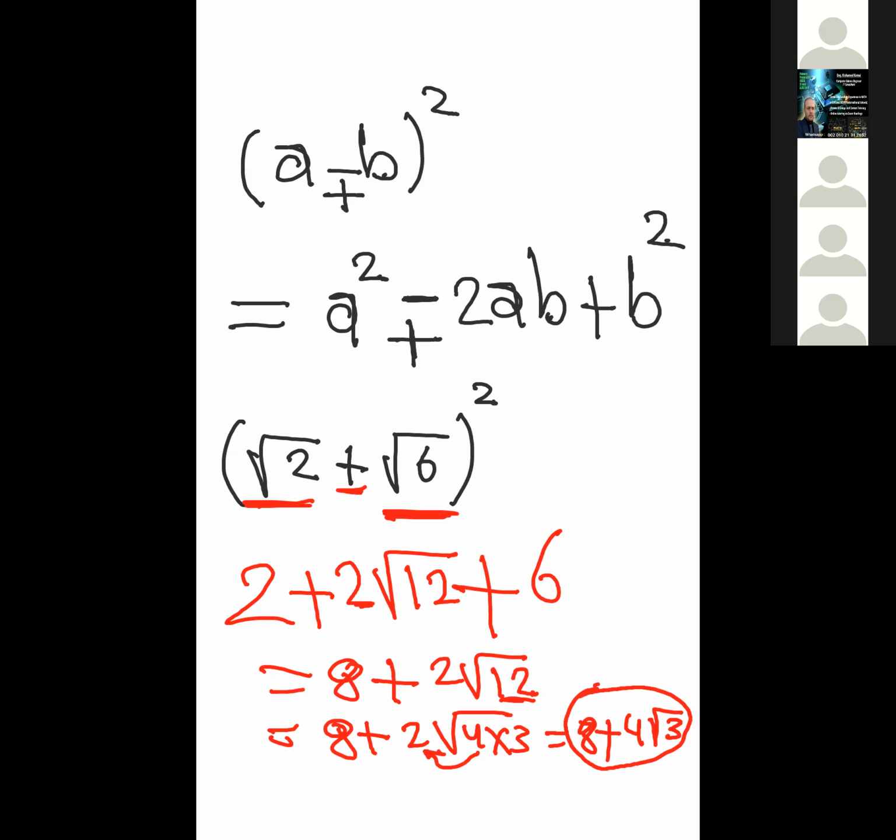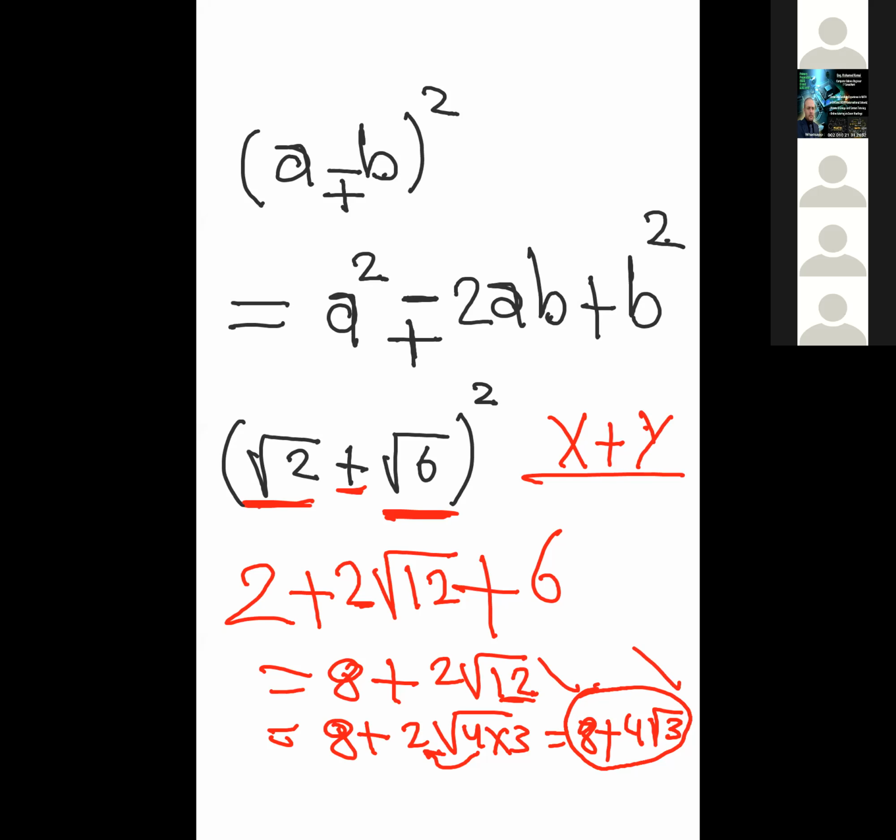Of course not. We are only adding or subtracting the like terms. So can you add x plus y? No. It's totally different. This is a square root and this is a whole number. So we can't add them, right? Yes, right.